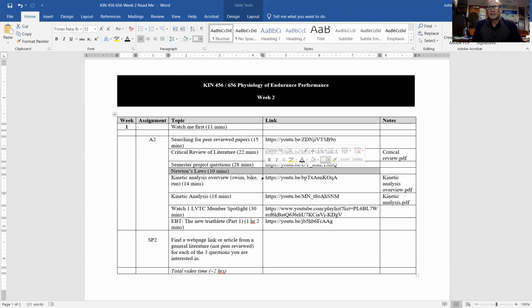Law two is a definition. Sorry, I misspoke in the beginning. It's a definition of what a force is. Using a particular equation, we can determine how fast motion will change.